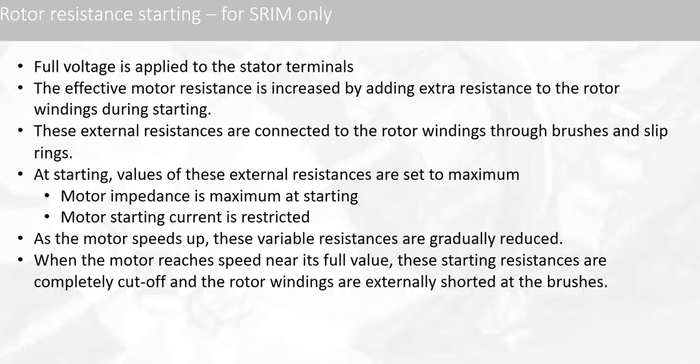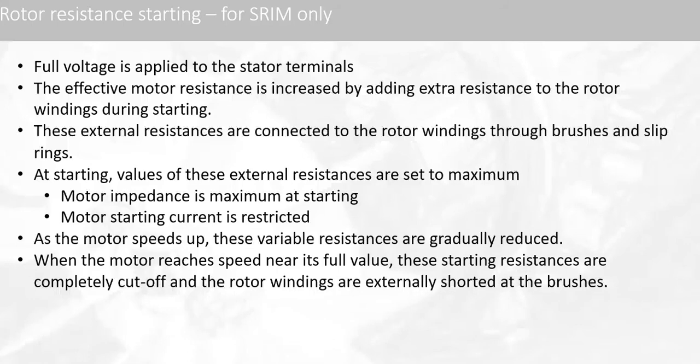These external resistances are connected to the rotor winding through the slip rings and brush assembly. Okay, at starting, the values of external resistance are set to a maximum value, so that the motor impedance is maximum at starting. Due to this, the starting current of the motor is reduced to some minimum value.